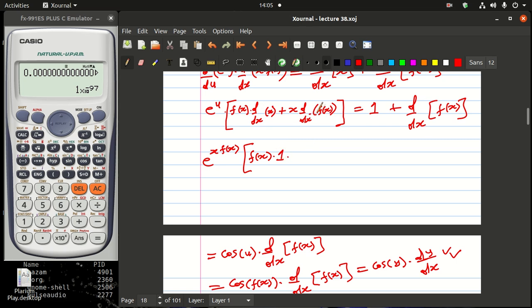And then now I'm left with this part here. I'm going to have a plus here, I have an x, and then I still have the derivative with respect to x of f of x. This is going to be 1 plus the derivative with respect to x of f of x.